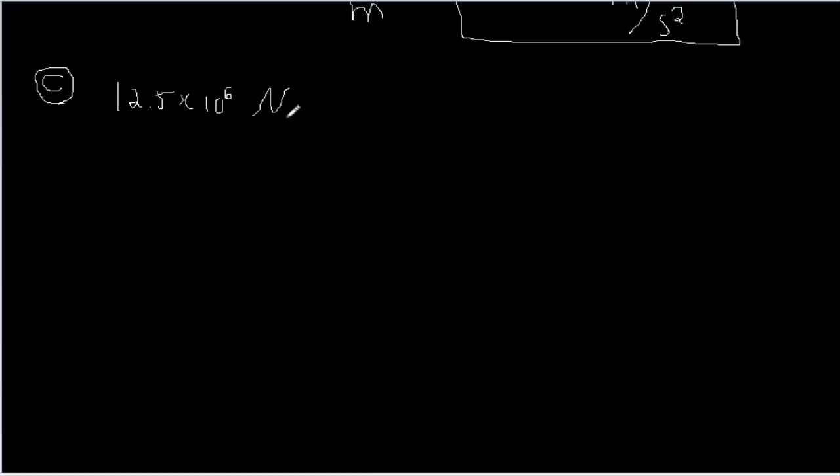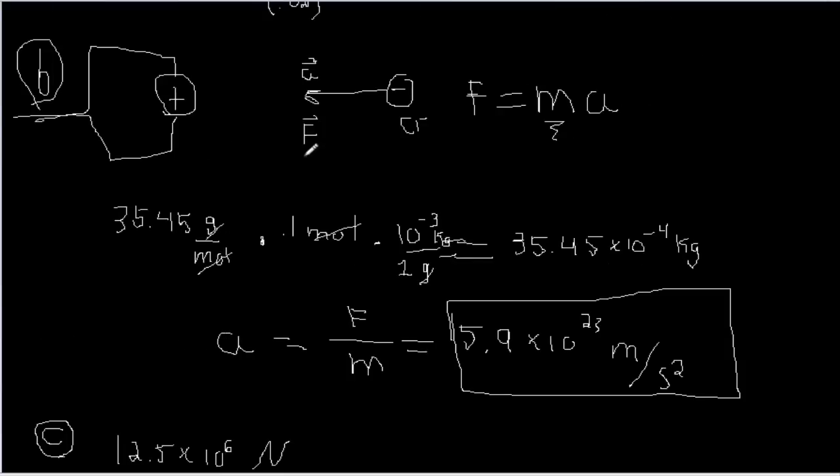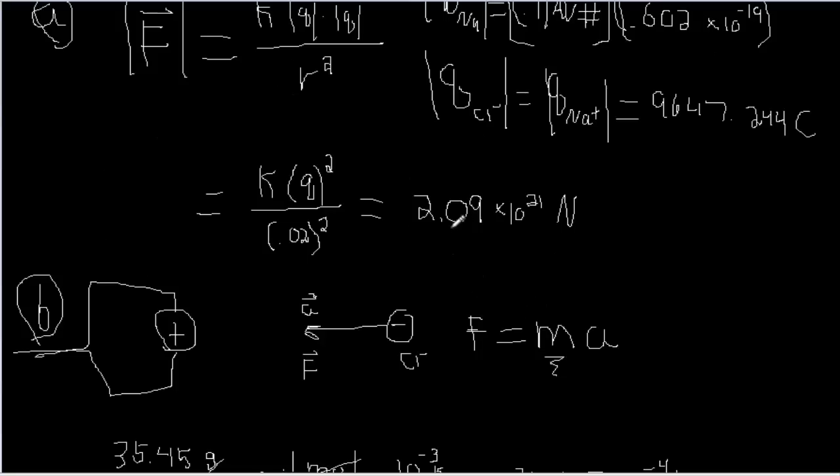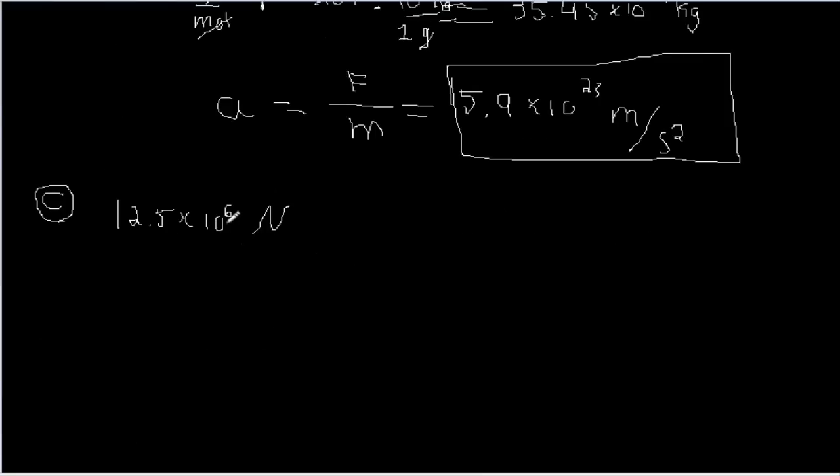That was the thrust produced by the space shuttle engines. The force here is 2.09 times 10 to the 21 newtons. Ours is just 10 to the 6th, so I would say that it's not even close, and that the answer for that question is a clear no.